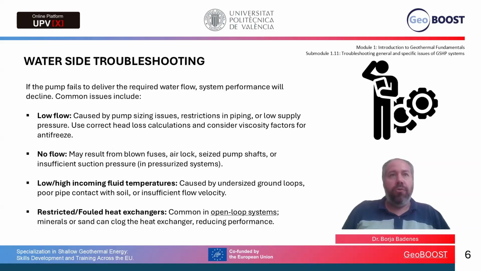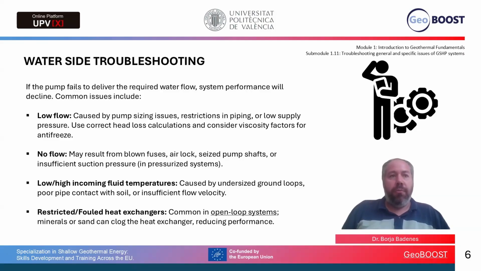Now we are going to move to the water side. If the water pump cannot give the right flow, system performance drops. Look for low flow from ground pipe size, restriction, or low inlet pressure.